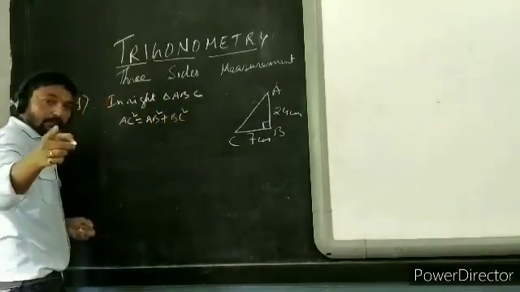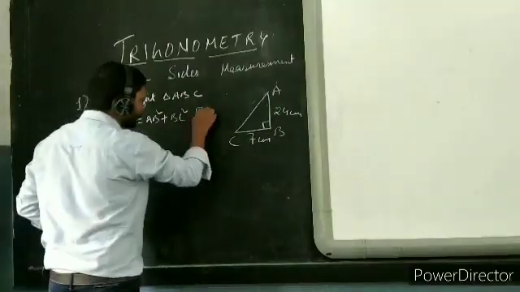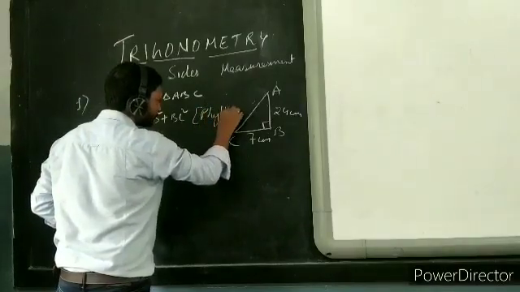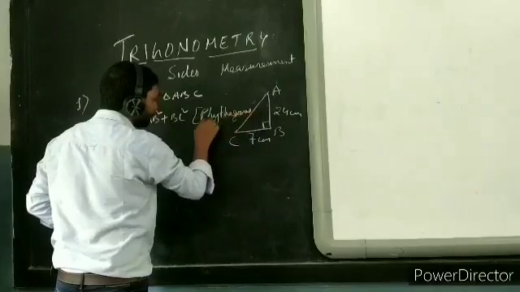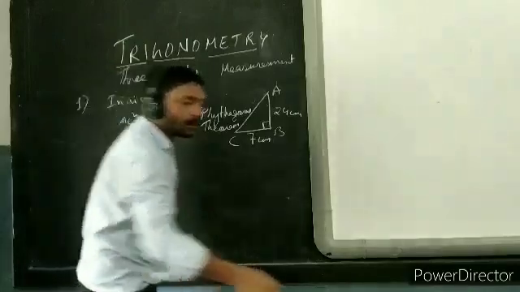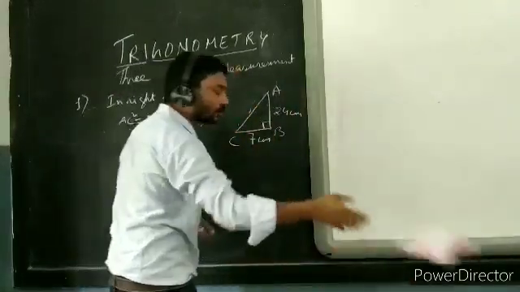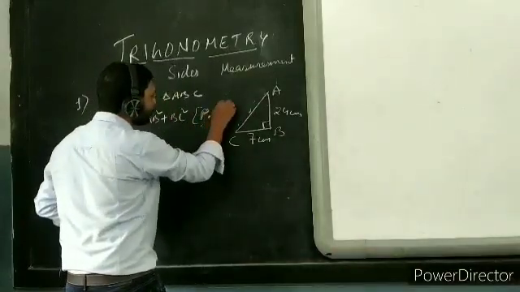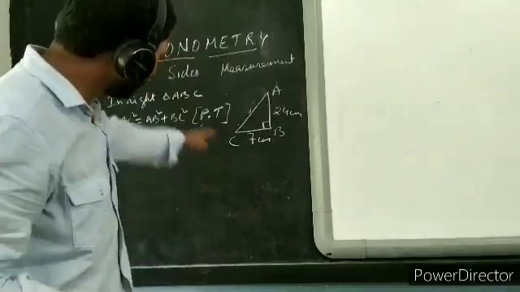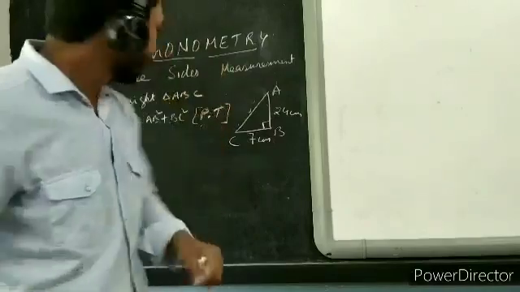That is Pythagoras theorem. Wherever we get Pythagoras theorem, I will write it as PT in short, but whenever you write, you are not going to use this simple PT. You are going to use the Pythagoras theorem full word, okay?